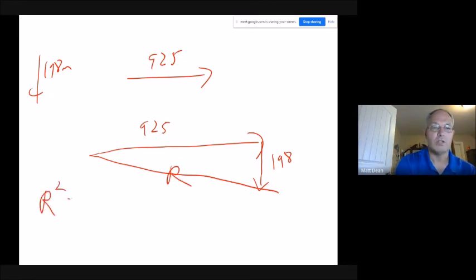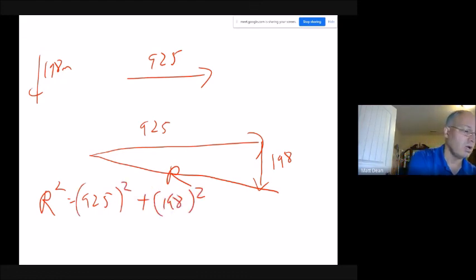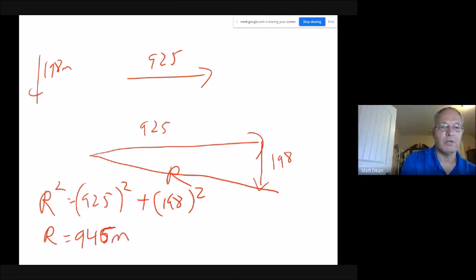So r squared is going to equal 925 squared plus 198 squared. So r equals 945. Actually, it would be 946 when we round it off, meters.